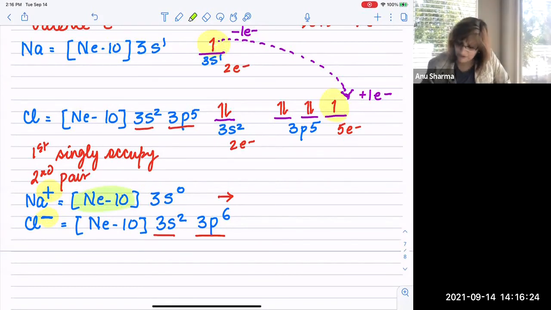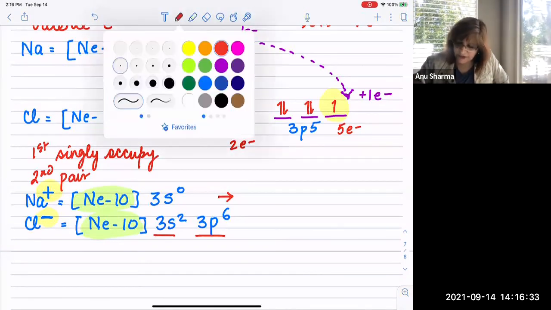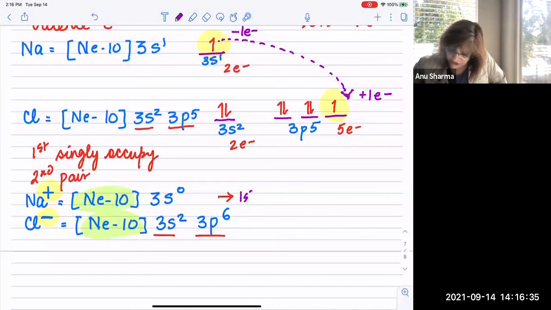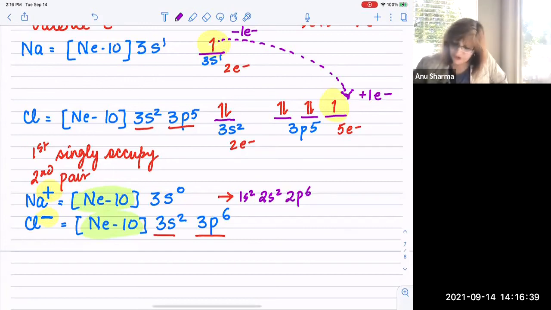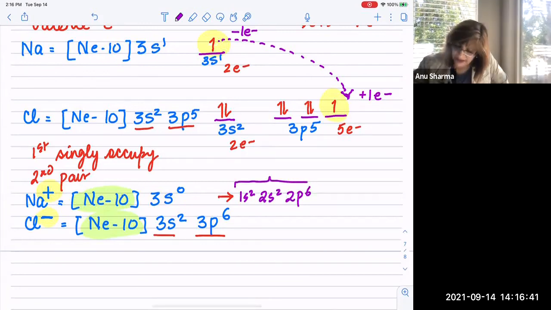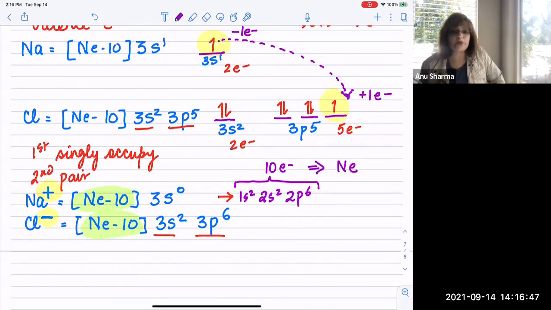But anyway, here we have sodium with its inner core shining like that of neon. So it will have an electronic configuration that looks like 1s2, 2s2, and 2p6. So these are 10 electrons, and these 10 electrons represent neon, which is the nearest noble gas.